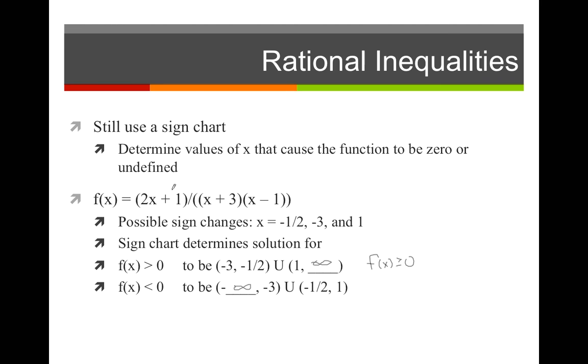Well, it's only 0 at negative 1/2, so this statement is going to change ever so slightly. Negative 3 is undefined, so I still can't use it. Then I can go to negative 1/2, and I can include negative 1/2 because it makes the function 0. And then it's going to go from 1 to infinity, not inclusive. And that's how it's going to change for this particular problem.